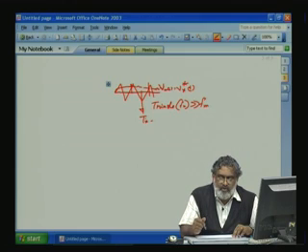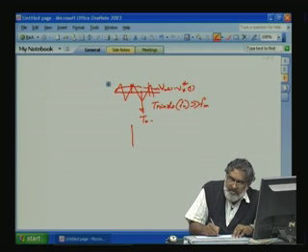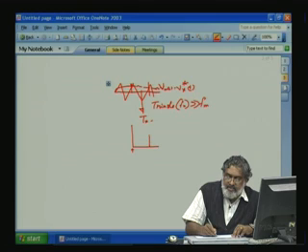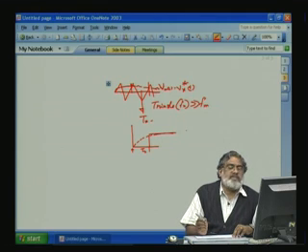So, this delay in control we can approximately model as a first order lag. That means, we initiate a control action here, but the action happens somewhere here with a delay of TR. So, this can be approximately modeled as a first order lag.